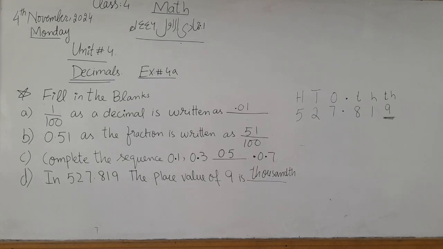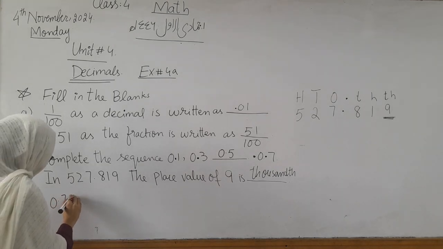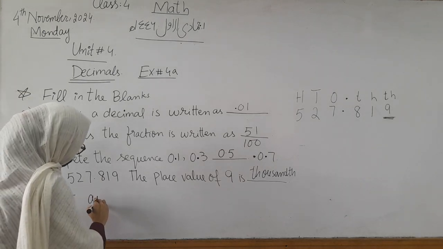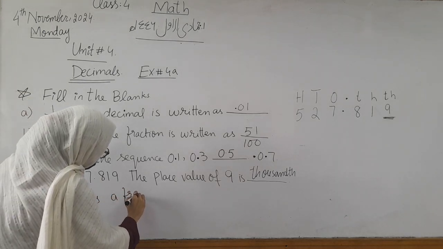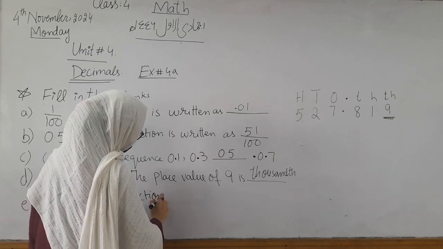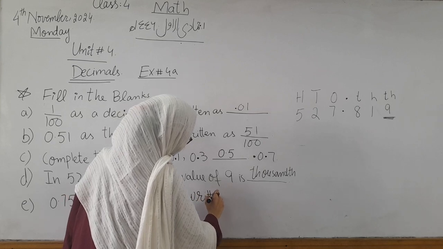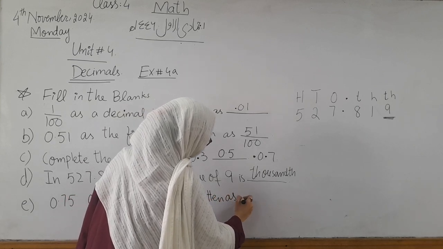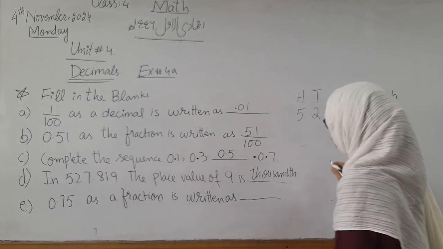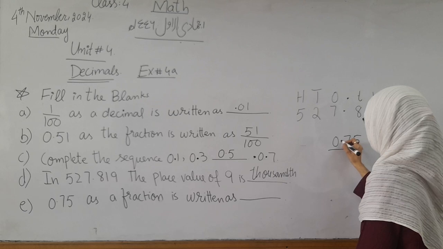So now we have E part. In E part we have 0.75 as a fraction. Like B part, what you will do, you will simply write 0.75 with 1 in the place of point.